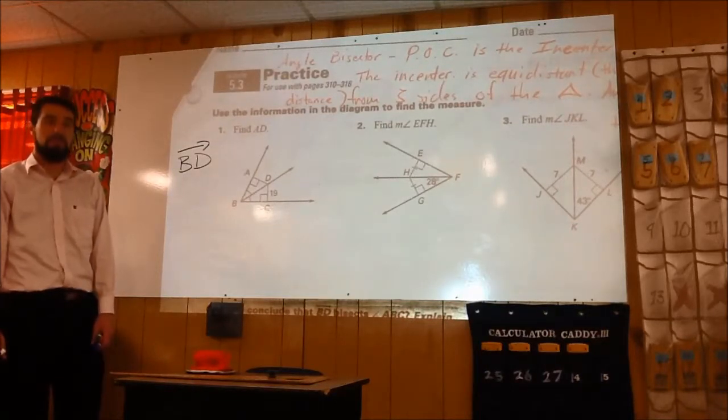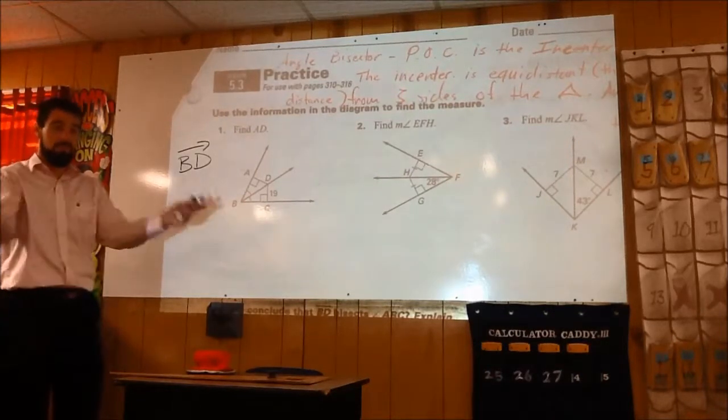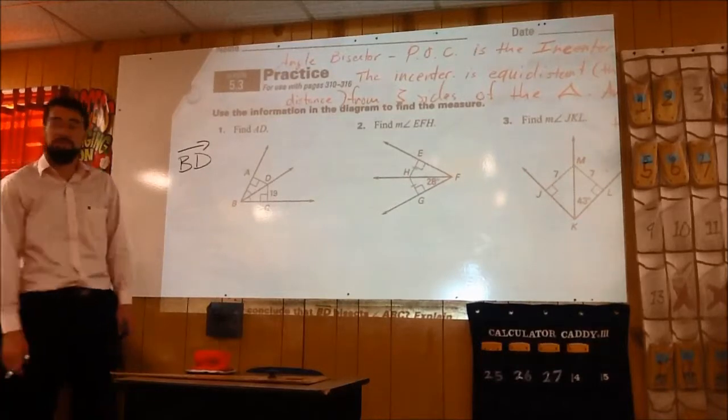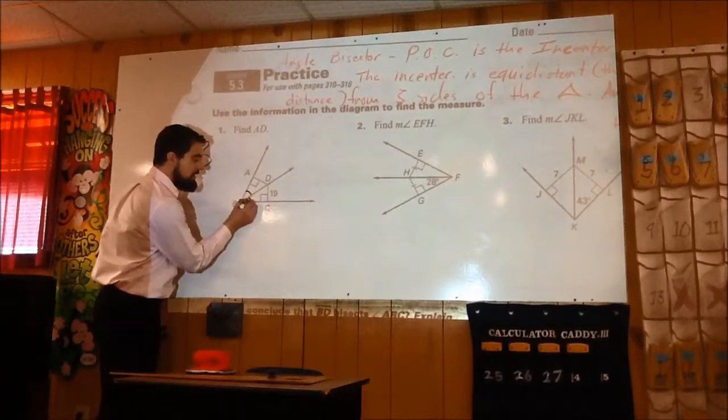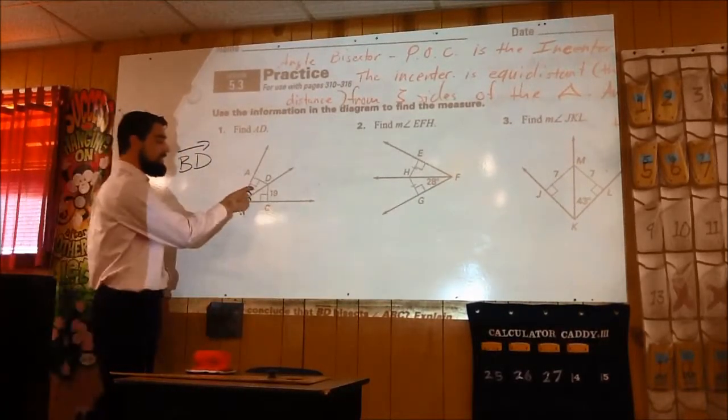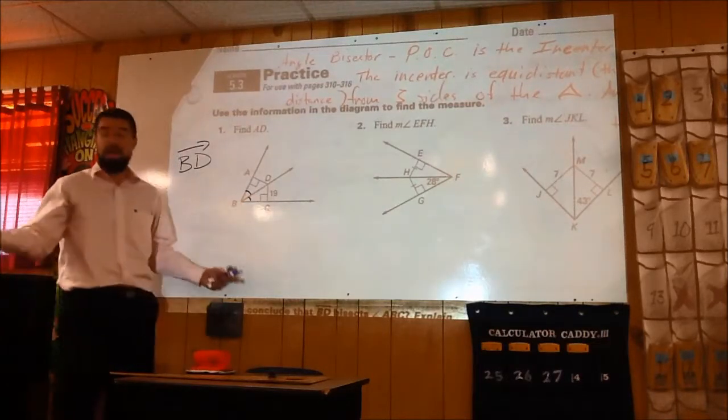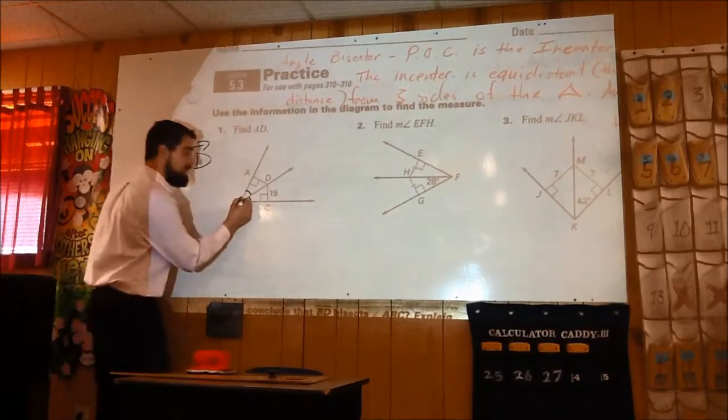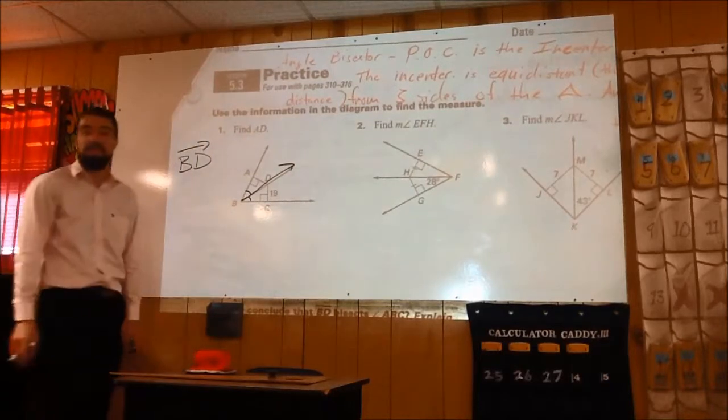Keep going, Sam. Congruency marks. That's it. There are marks of congruency telling us that this part is congruent to that part. So without a doubt, this is the angle bisector. It's clearly bisecting that angle.